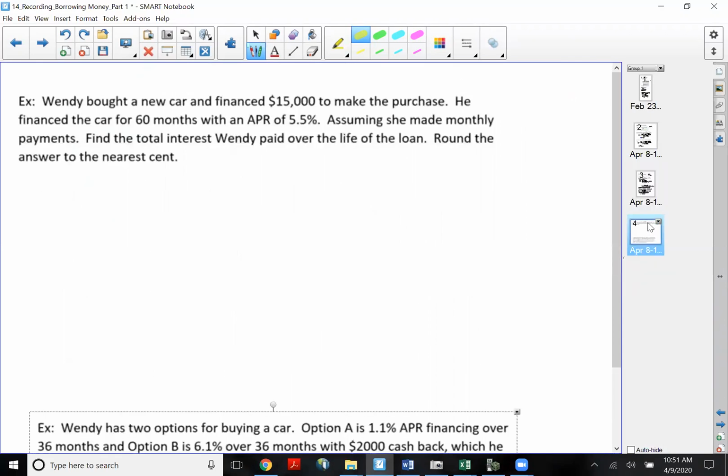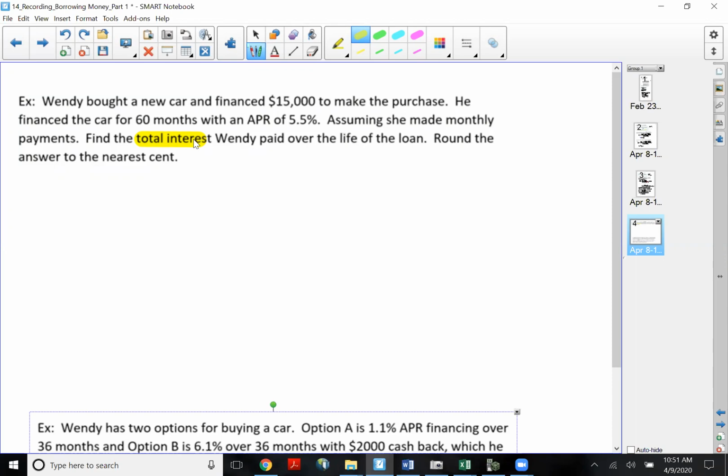All right, Wendy bought a new car and financed $15,000 to make the purchase. Oh, this would be she. She financed the car for 60 months, APR 5.5%. Assume she made monthly payments. Find the total interest. This time it is asking for total interest.